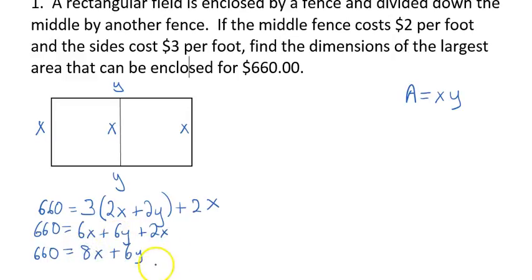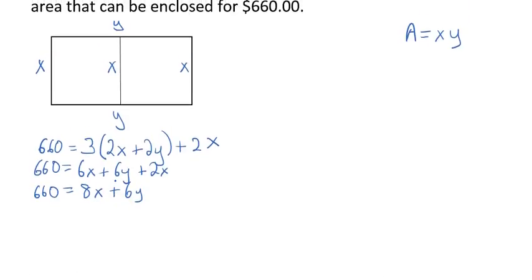And then I'm going to pick a variable to solve for. I can solve for x or y. I'm going to go ahead and solve for y because we're used to doing that. So if I subtract 8x, 660 minus 8x will equal my 6y. And then if I divide everything by 6, my y will equal 110 minus 4/3 x.